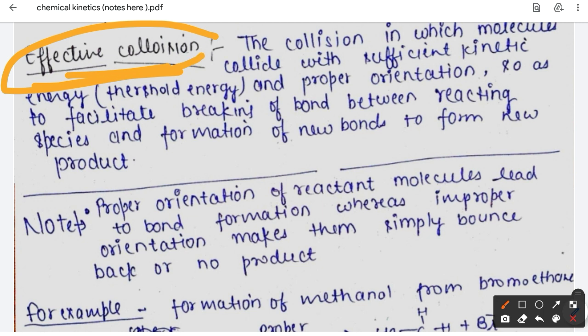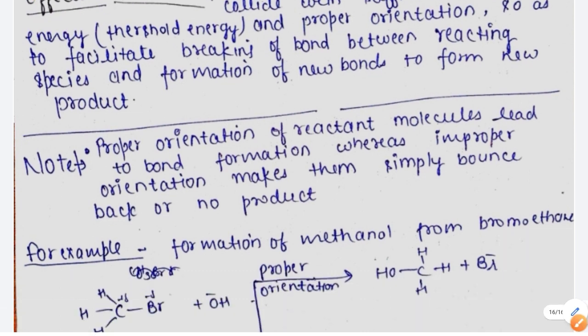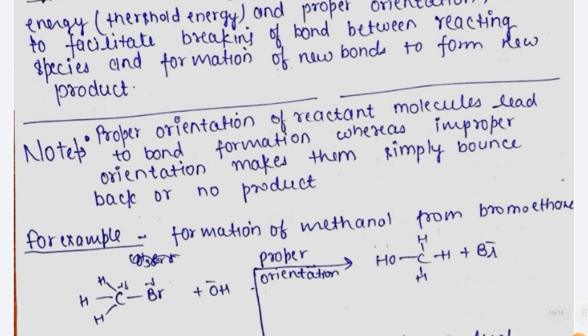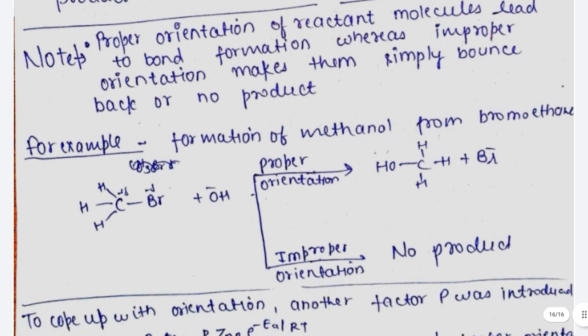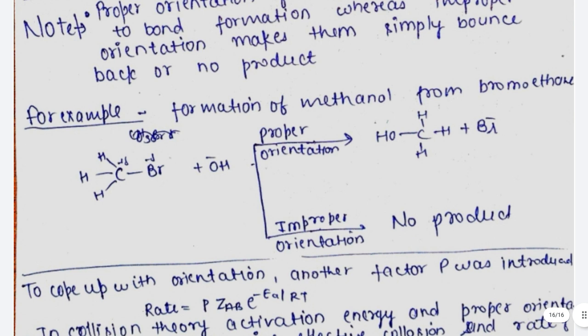Only due to effective collision is product formed, meaning bonds are formed. Proper orientation of reactant molecules leads to bond formation, whereas improper orientation makes them simply bounce back, with no product. For example, with proper orientation we get product, with improper orientation no product.